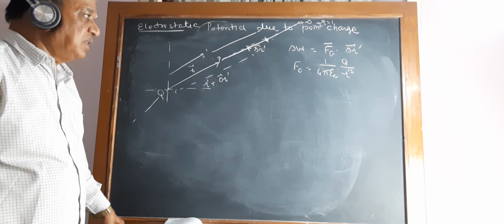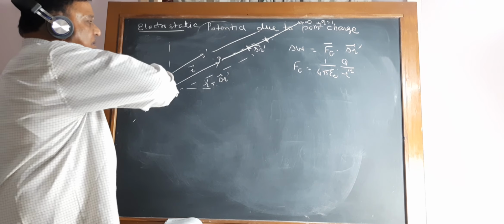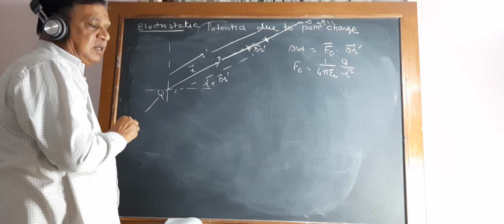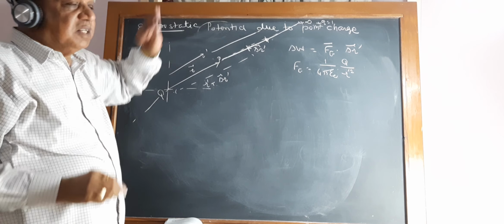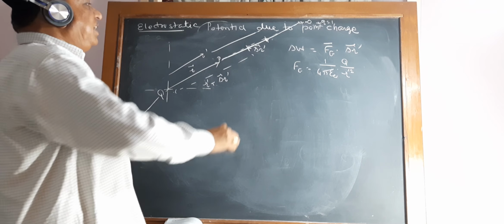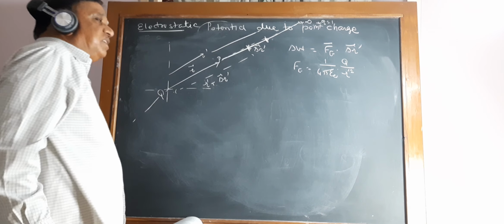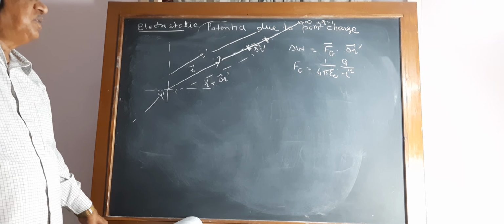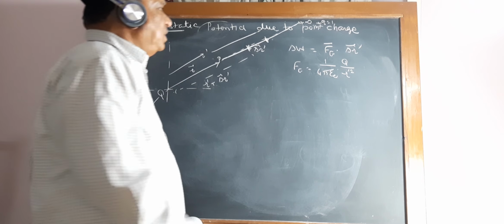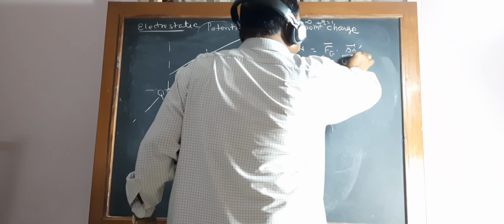This is the force away, so outward direction, and we have brought against the charge, opposite to the field, so displacement delta r dash.